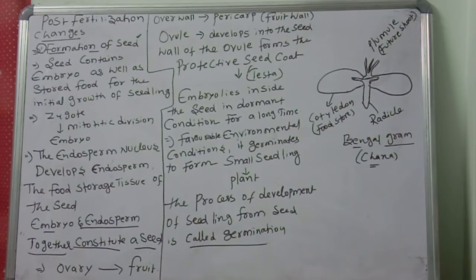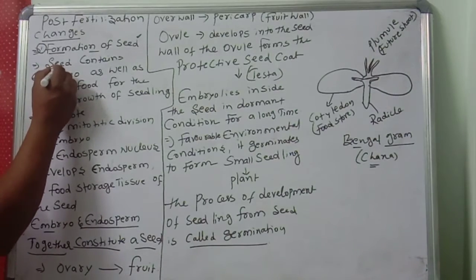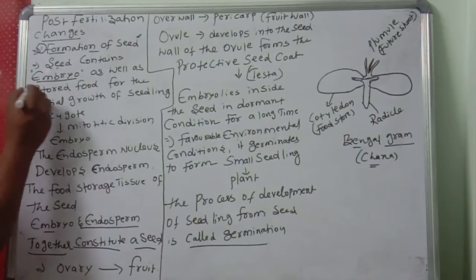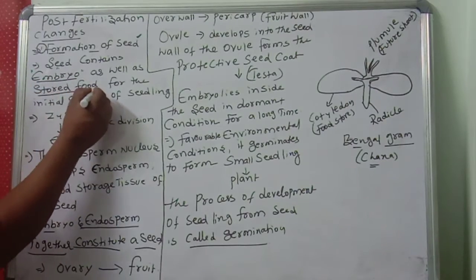So after fertilization, the zygote will be converted into embryo. The seed contains embryo as well as stored food.